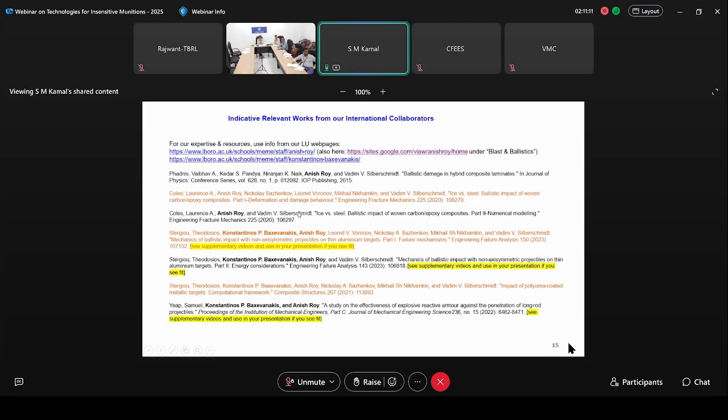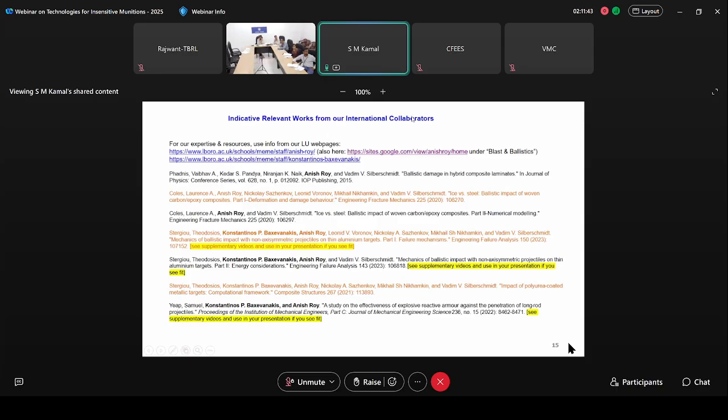For the conclusion, first I would like to highlight why we are collaborating on this work with our international collaborators from Labrador University. Apart from the expertise available with the Indian PIs, both the PIs work in the areas of solid mechanics, particularly advanced computational modeling involving plasticity and high strain rate.